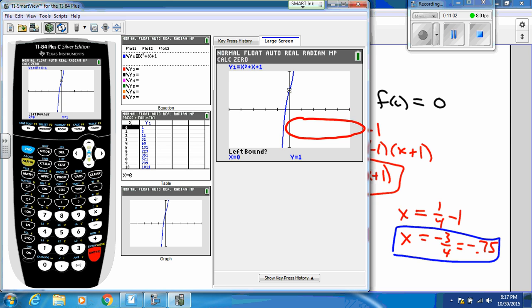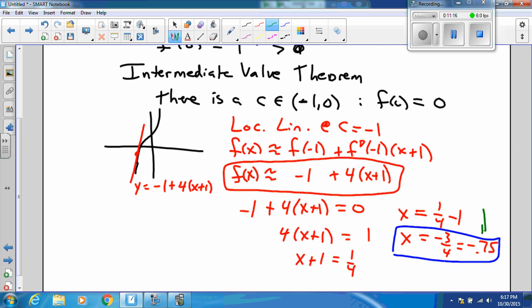And it's going to ask us for left bounds and right bounds. And the left bound we already know is -1. And the right bound we already know is 0. And we hit enter. And lo and behold, it gives us a value for the 0, which is -0.6823, which is not terribly far away. It's only 0.07 away from the actual root that we found.